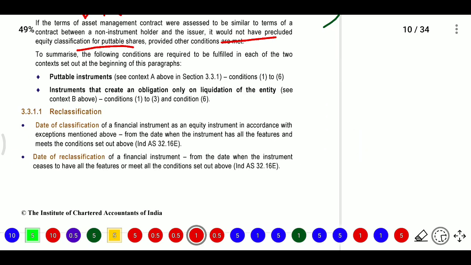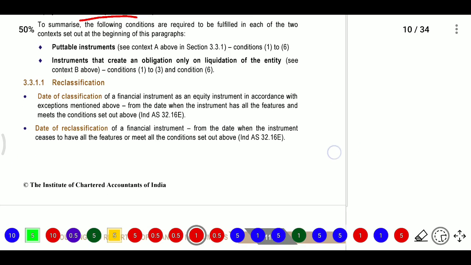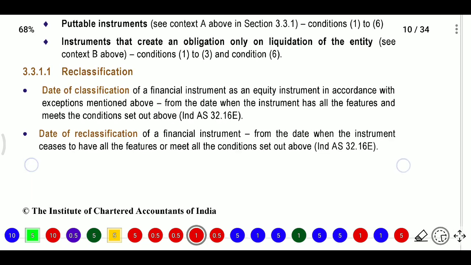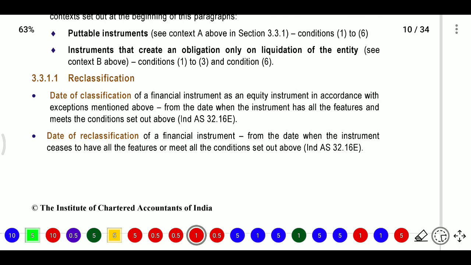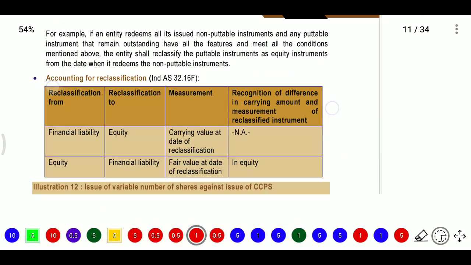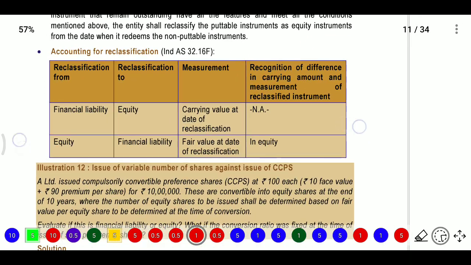Now, reclassification. Date of classification: the financial instrument is classified as an equity instrument in accordance with the exceptions mentioned above. Date of reclassification: the date when the instrument ceases to have all features or meet all the conditions set out above. Now we will see the accounting for reclassification.